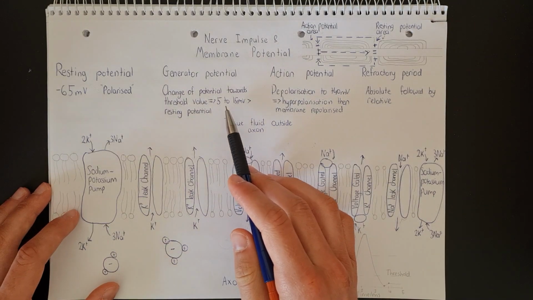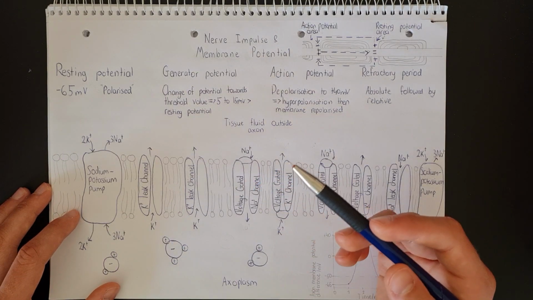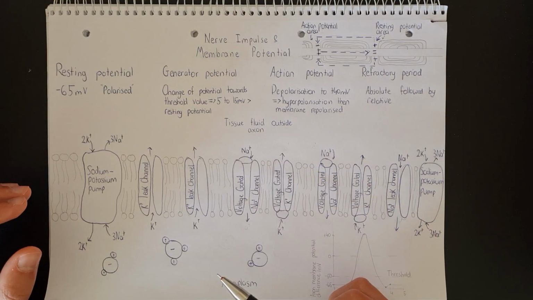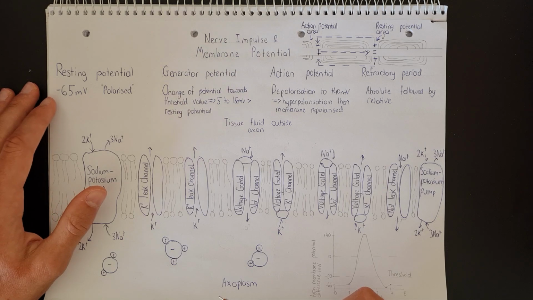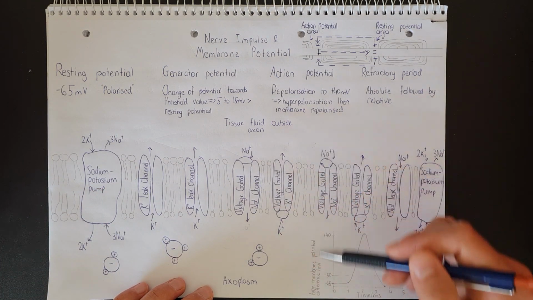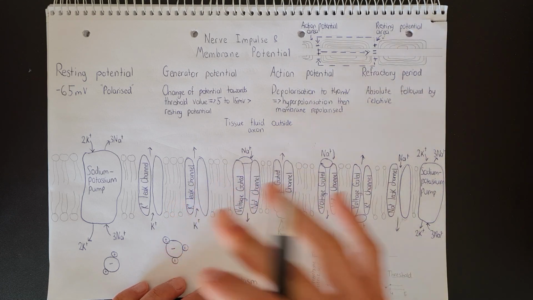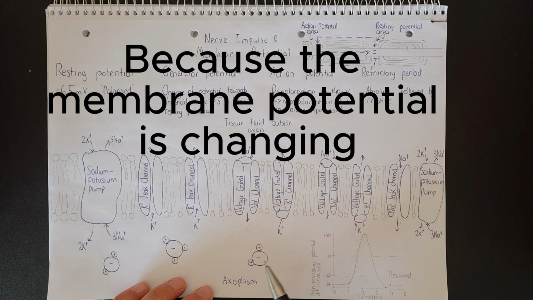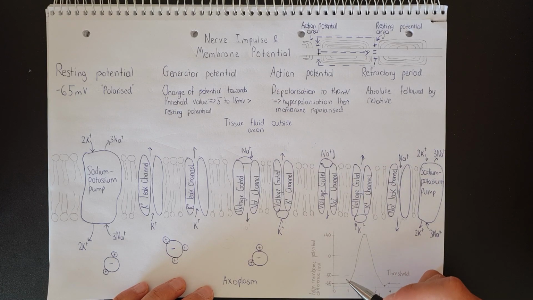So it's 5 to 15 millivolts more positive than the resting potential of negative 65 millivolts. As those sodium ions diffuse in, they will cause more voltage-gated sodium ion channels to open, and this is what may enable the threshold value to be reached.